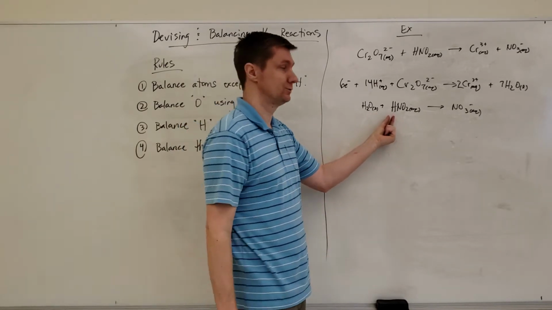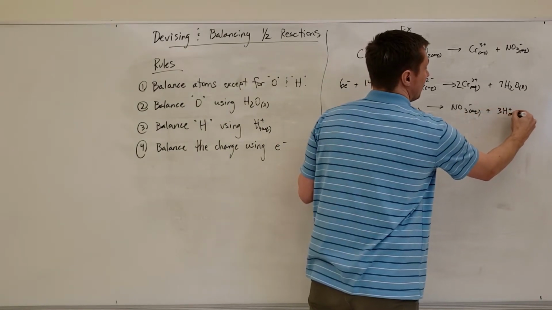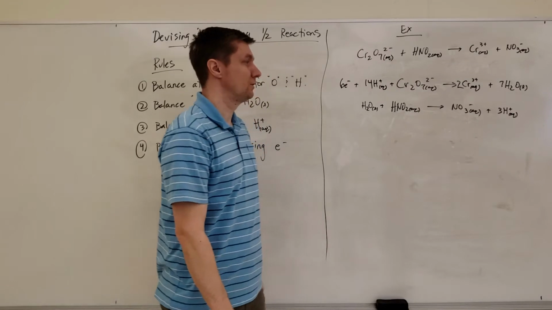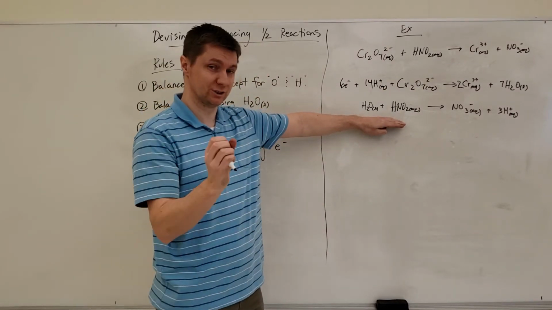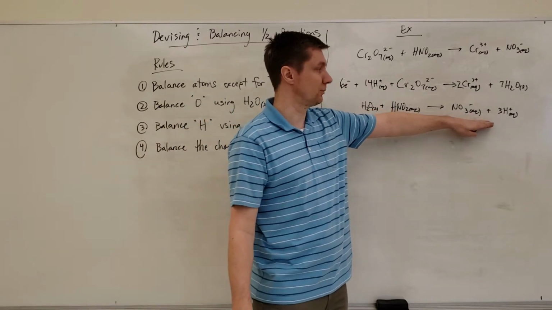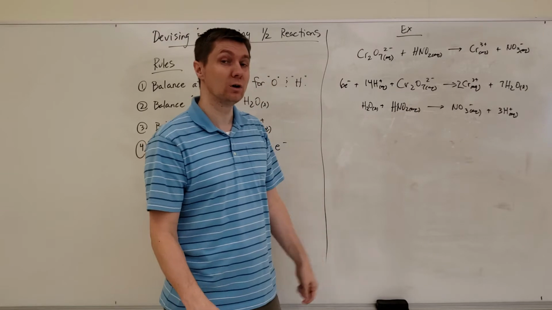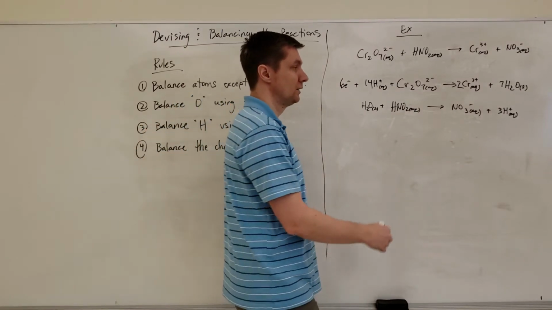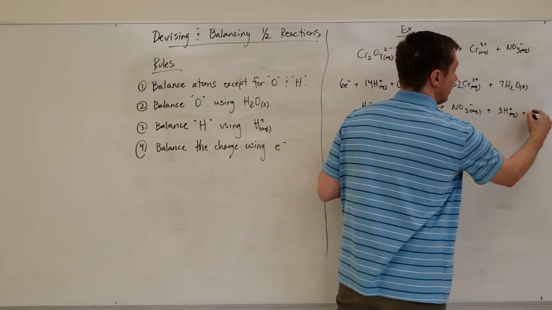So that's 3 hydrogens altogether. So I do it like that. Then I look at the charge on the reactant side, which is 0. And the charge on the product side, which is +3 plus a -1, gives me +2 altogether. So if I add 2 electrons over here, then that should balance it out.